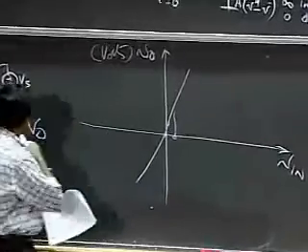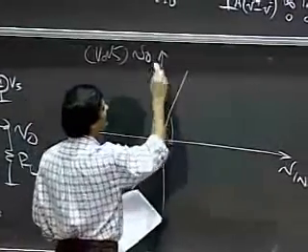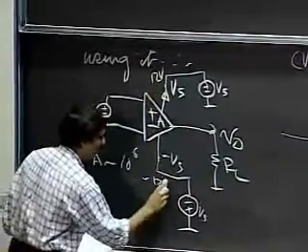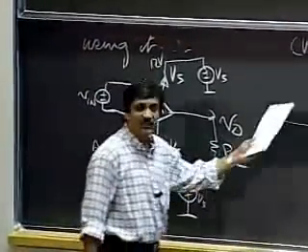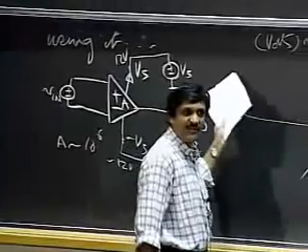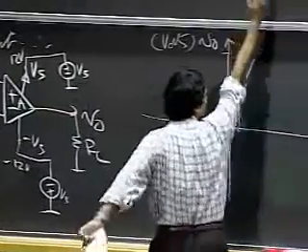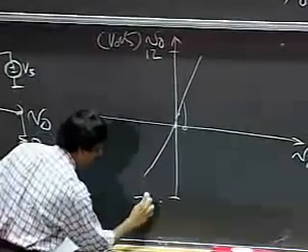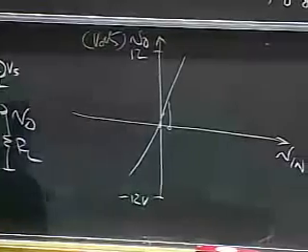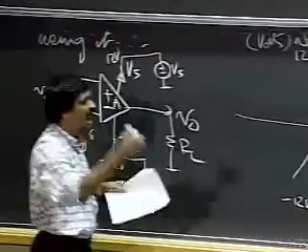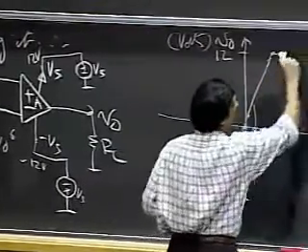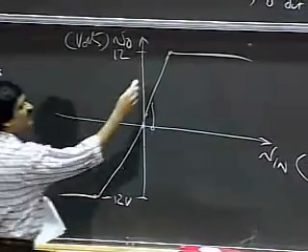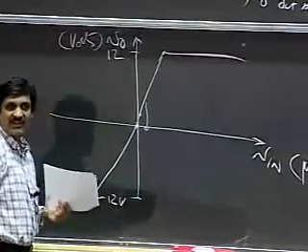Okay, so A is a constant, so this will look like a straight line. And let's say my supply voltages are 12 volts and minus 12 volts. If this was an ideal amplifier and I didn't have to worry about the supply, this would just go on extending forever. But I have a plus 12 volt supply and a minus 12 volt supply, so my output cannot go past those limits, and so therefore my output kind of flattens out at these 2 points, and it's called hitting the rails.